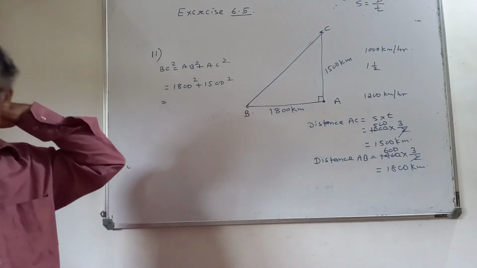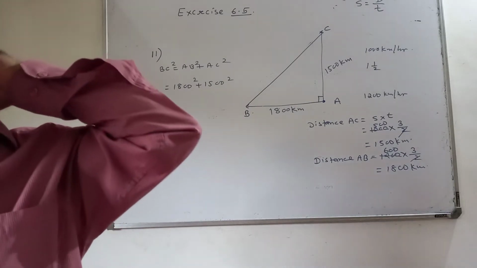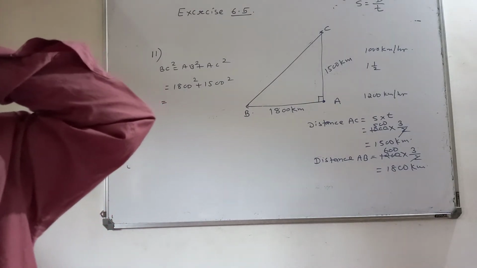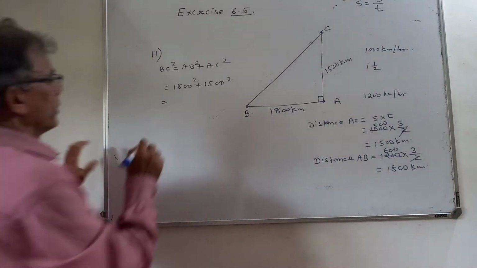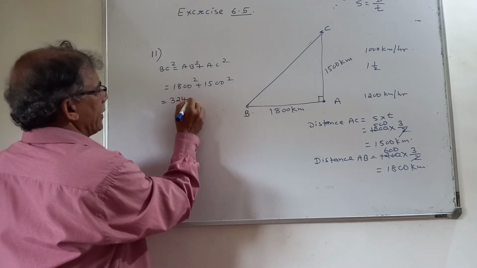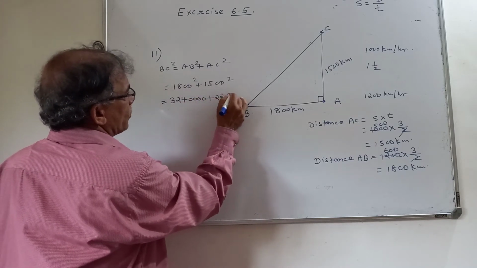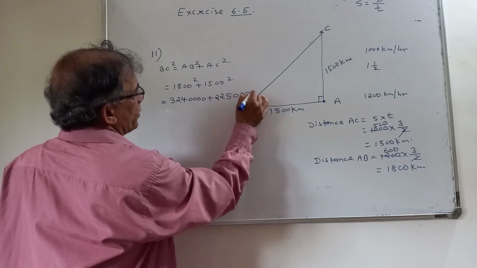So 1800 square, how much is it? I think 1800 square is 324, and here 2 zeros in the number, in the square there will be 4 zeros. Plus 15 square is 225, again 4 zeros.